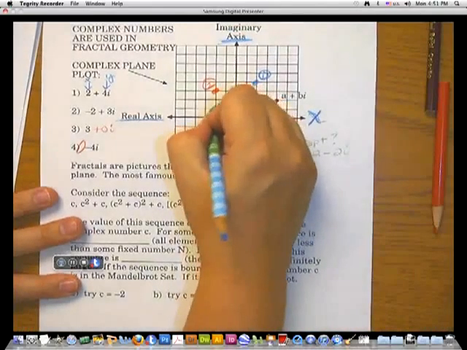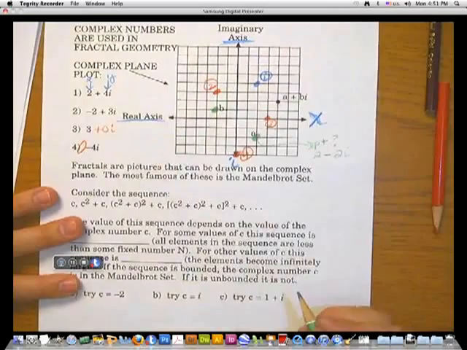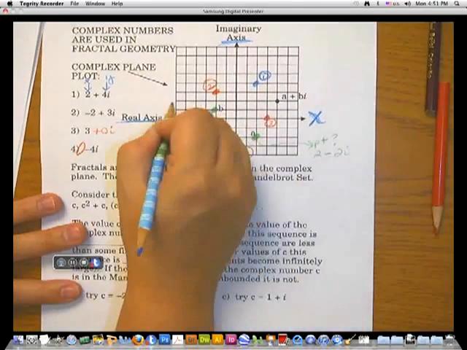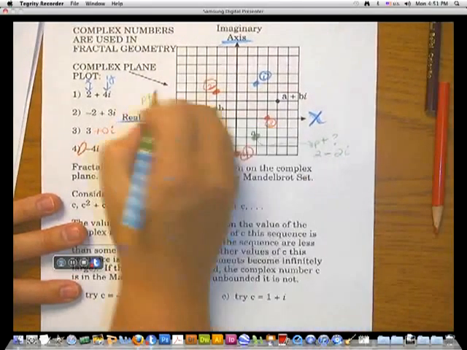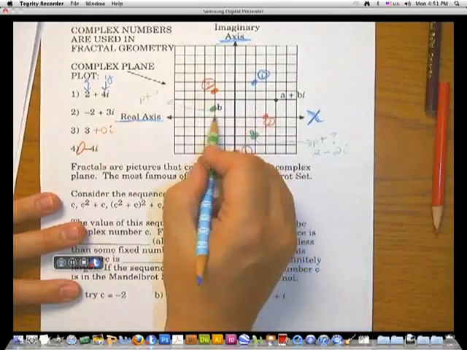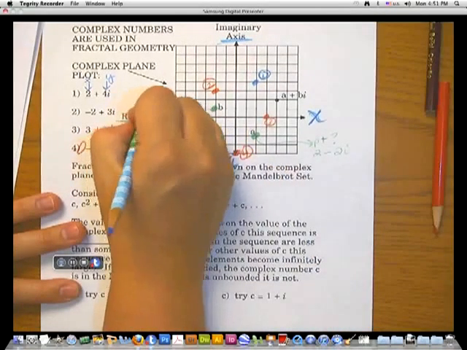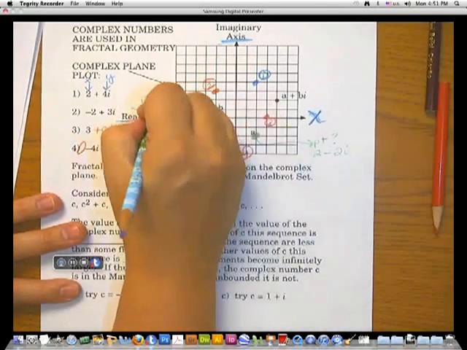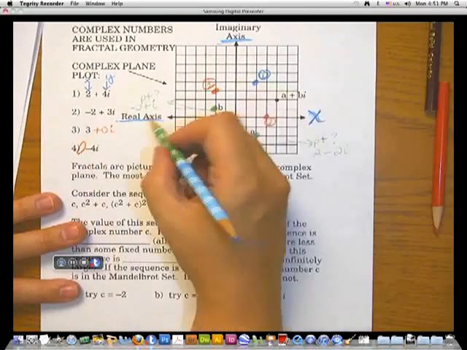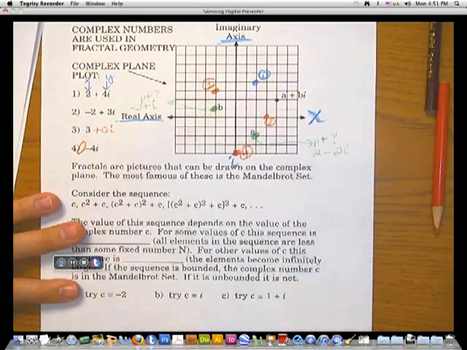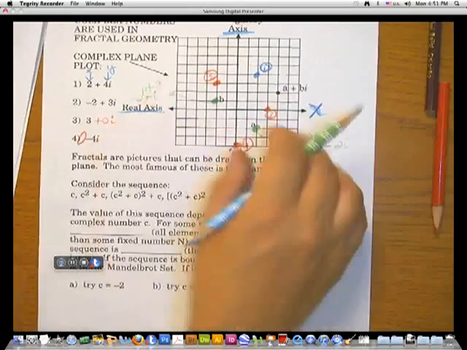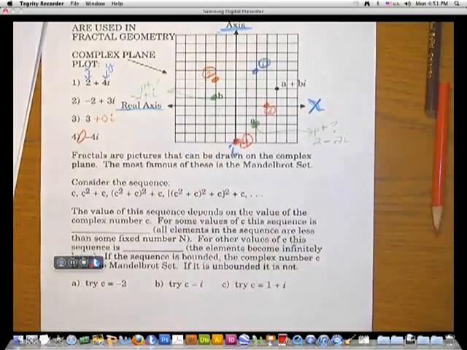So over here, if I made this B, could you give me the point? The real part is negative 2, and the imaginary part is 1, so just 1i. So be able to go back and forth between them.